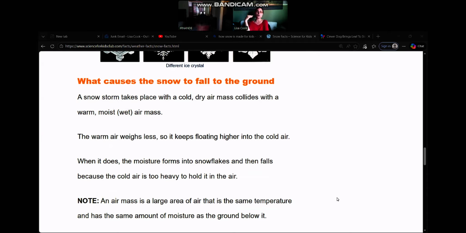Okay? So basically, the snowflakes, the ice crystals melt together, then what happens? Do they get light or heavy? Heavy, so they drop.